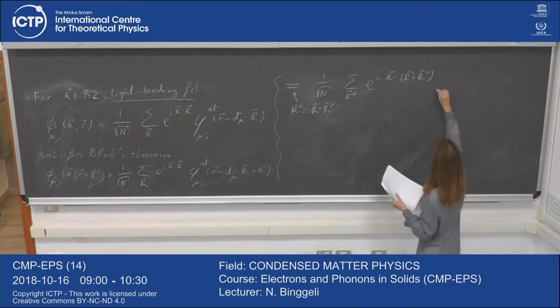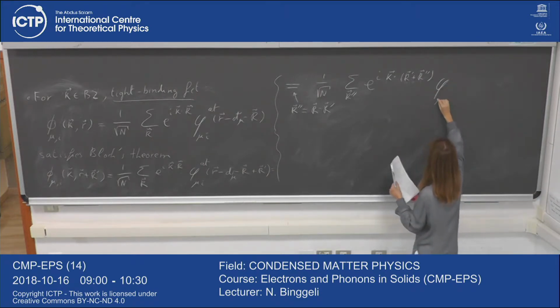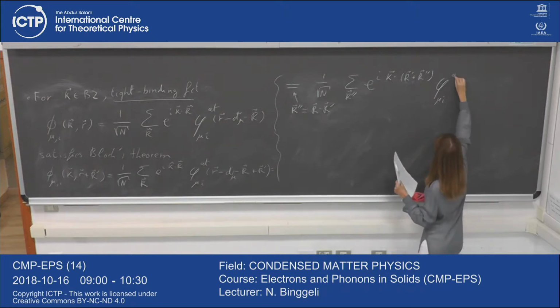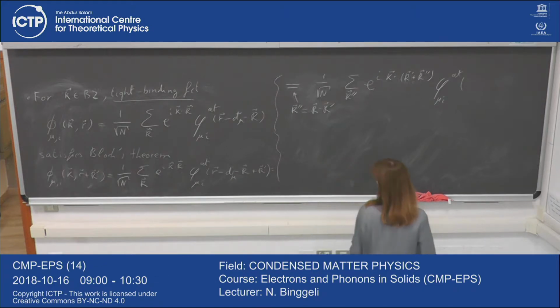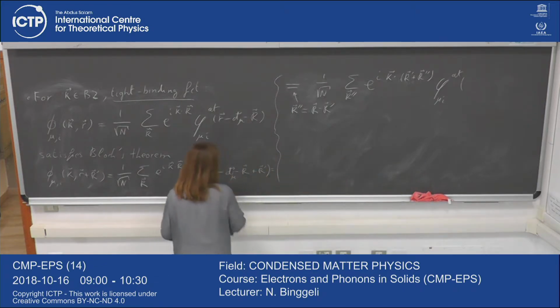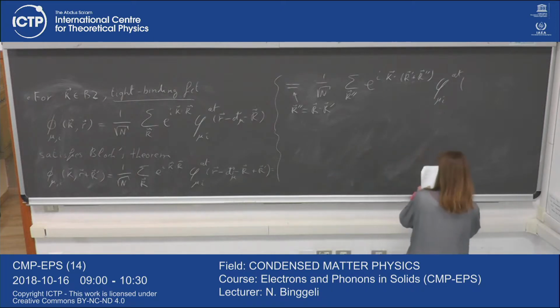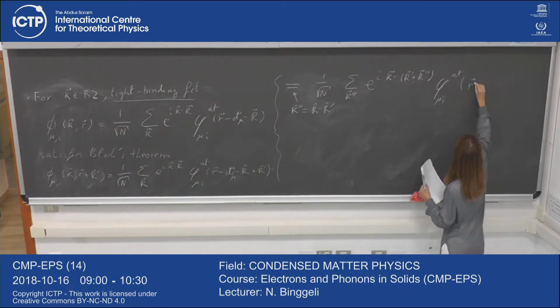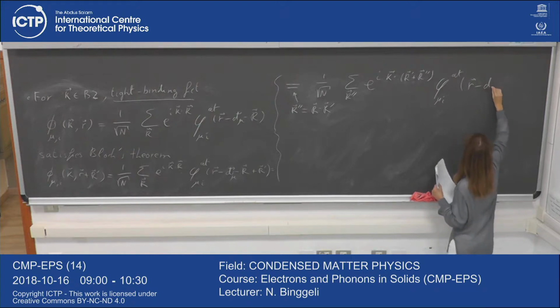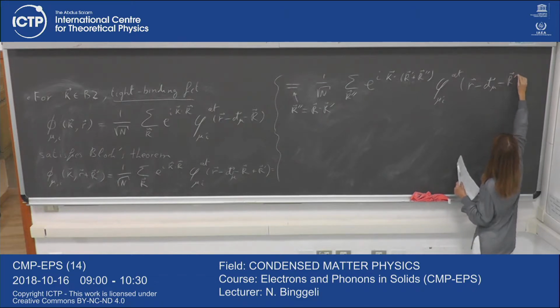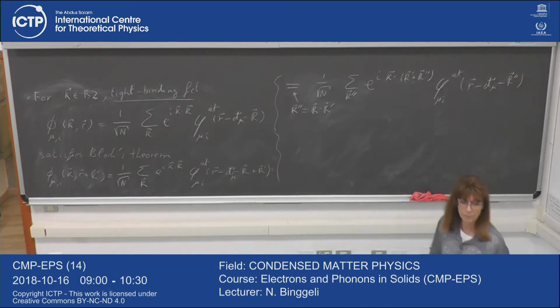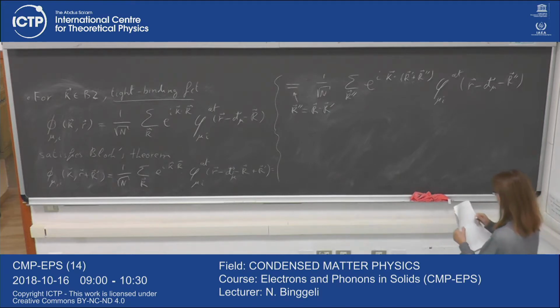And then I have my atomic function here, and now it is at r minus d mu minus r second prime. Okay, just change variable, and this is what I'm obtaining.